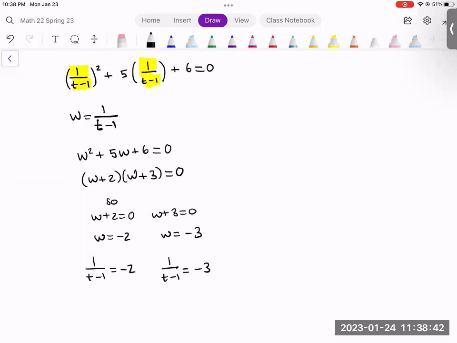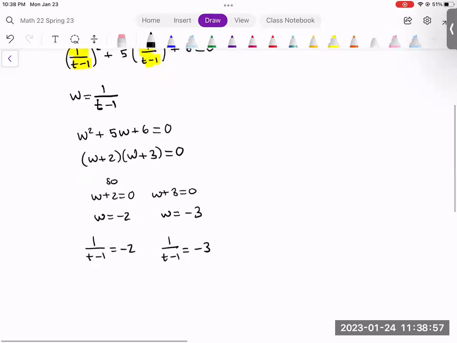Take a moment, pause the video, and see if you can find t. Okay, so you might have tried to do something like take reciprocals. So we could take the reciprocal of both sides, and we get that t minus 1 is equal to -1/2 in the first case, and t minus 1 is equal to -1/3 in the second case.